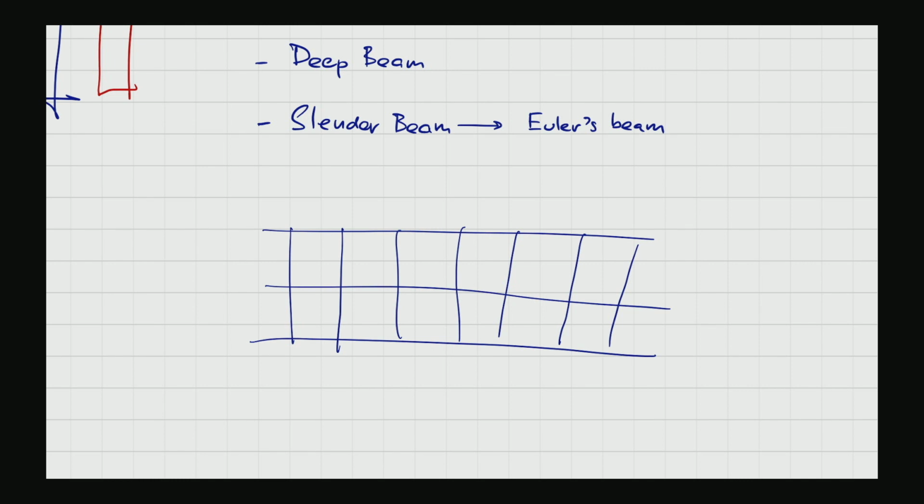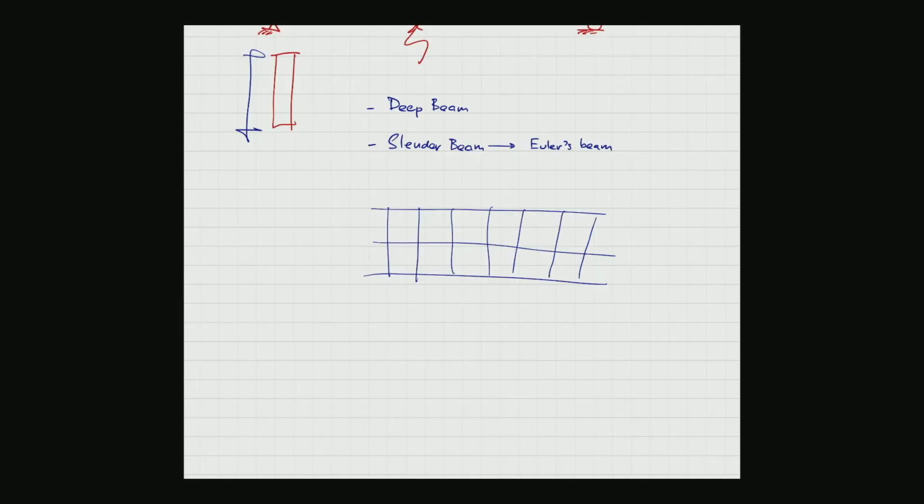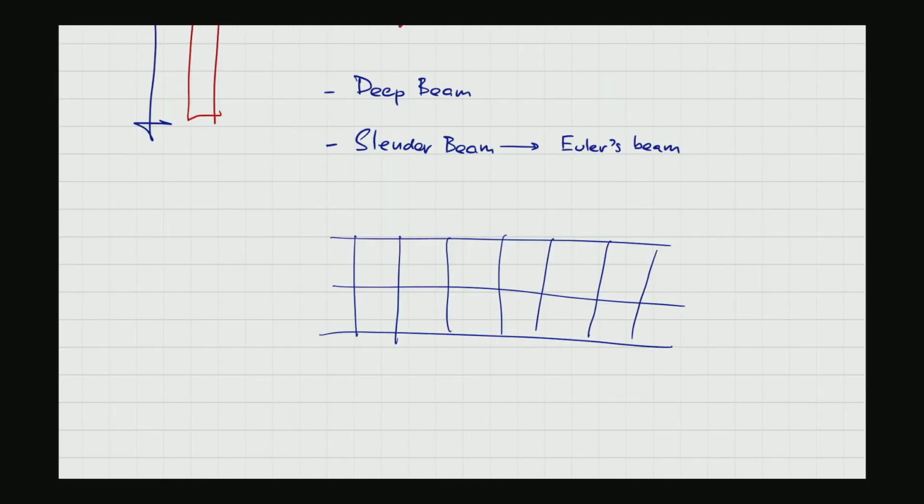But when you talk about Q elements, you discretize in both directions. The number of degrees of freedom is going to increase exponentially. So sometimes you will need reduced integration.